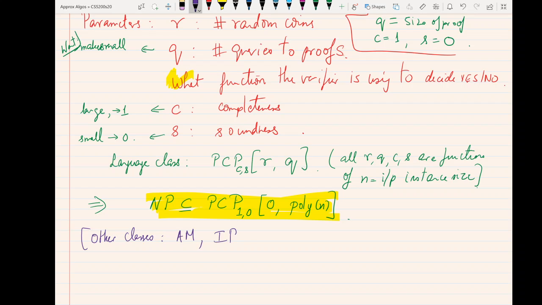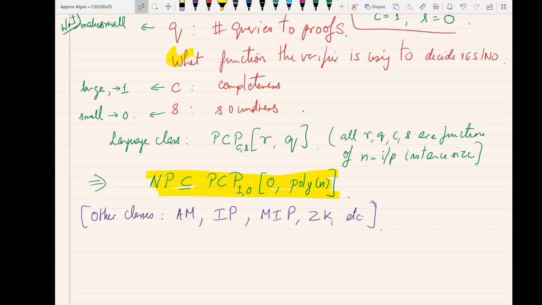Then you have interactive proofs where there can be back and forth rounds between the prover and verifier, and then the verifier is finally convinced that the statement is true or false with good probability. Then you have multi-prover interactive proofs where you can have k provers all submitting proofs to the verifier and the verifier using them to judge correctness. You have zero knowledge proofs, and so on. These are all well studied objects in complexity theory, and this one-shot PCP is just one of these many classes of proof systems that are studied.